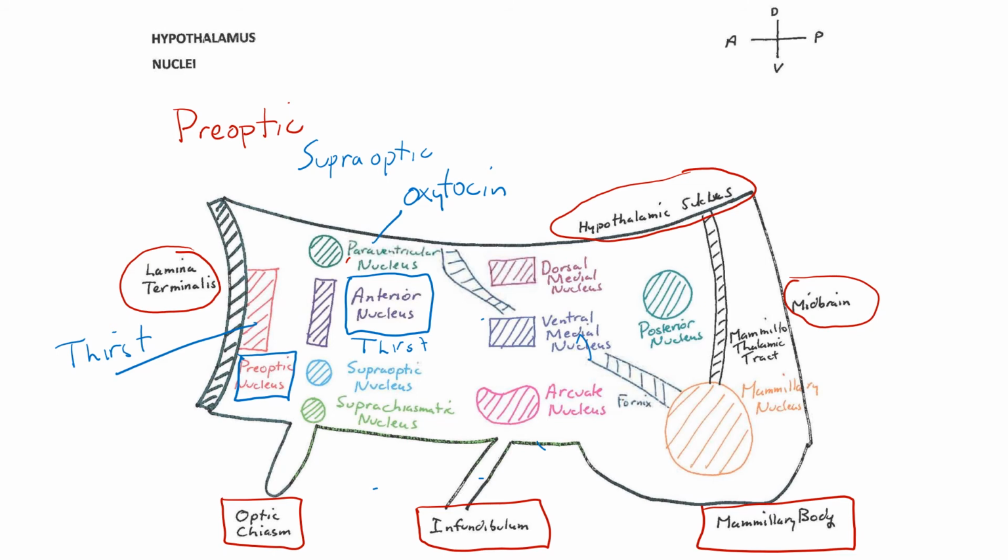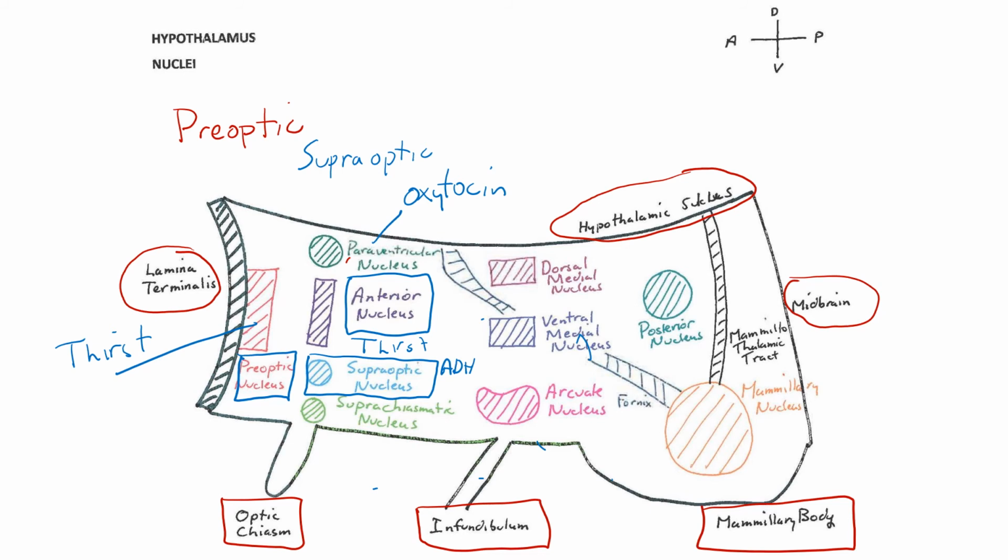But in the world of physiology, they really work as one. Then we have the supraoptic nucleus. The supraoptic nucleus is associated with the hormone ADH, which is going to be a hormone that is going to affect the kidney and the concentration of urine.